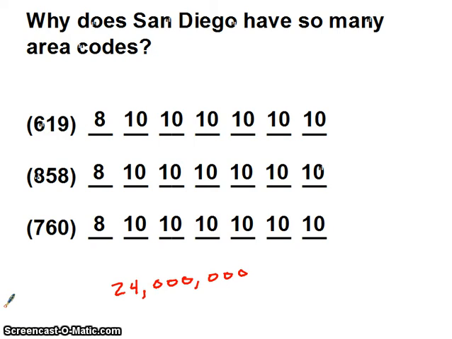I'm probably missing an area code in there, but I'm hoping you get the gist of why we would want to have more area codes. Also, this is probably a projection on growth. The city planners probably saw, hey, this is the best place to live on the face of the earth, so we're going to have more people coming here. So let's go ahead and start stacking up these area codes to enable more people to live here.